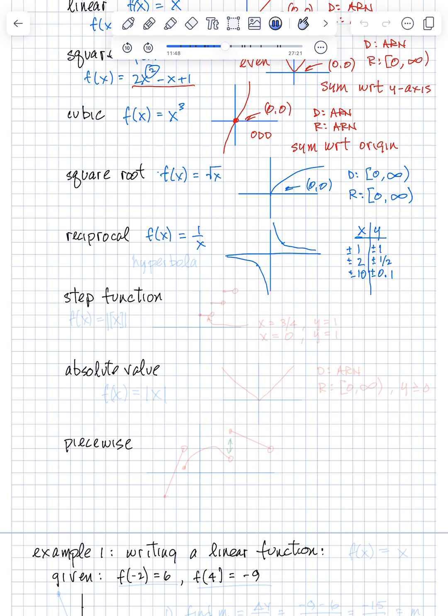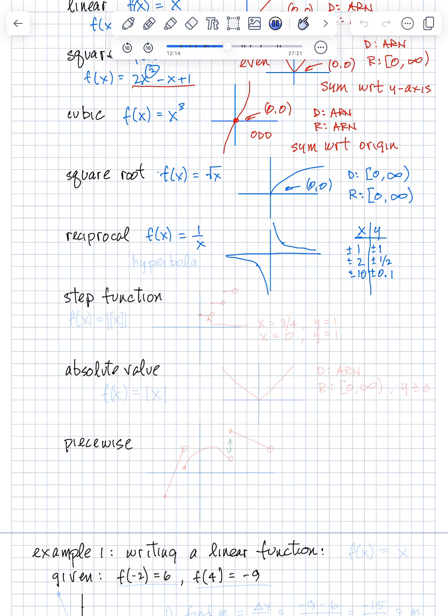Now, you'll notice that on this hyperbola, we don't have any intercept points because x cannot be 0. And so at x equals 0, which is the y-axis, both of these become asymptotic to the axis and they don't cross the axis.